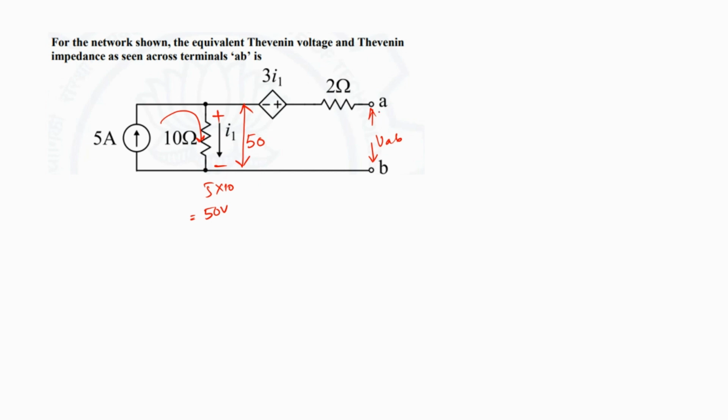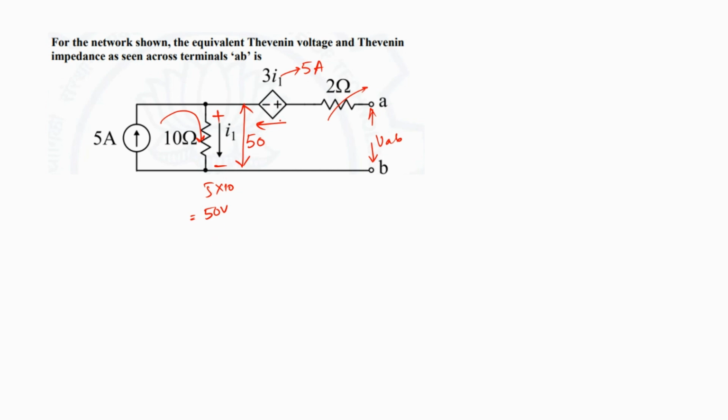Now, if I want to compute VAB, I can apply KVL in this particular loop. So if I consider that there is no current flowing in this 2 ohms resistance, there's not going to be any voltage drop over here, but this 3I1 is going to be there with the drop direction in this manner, where I1 is nothing but 5 amps as seen over here.